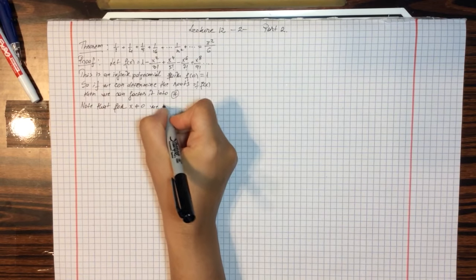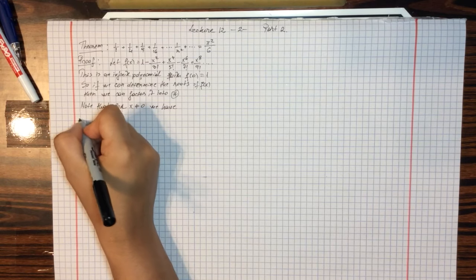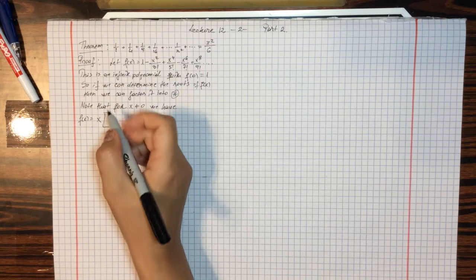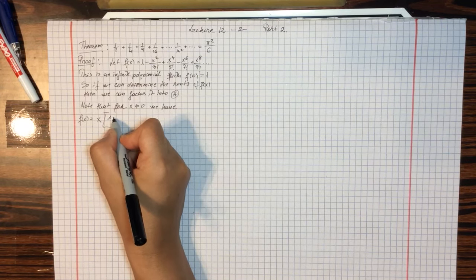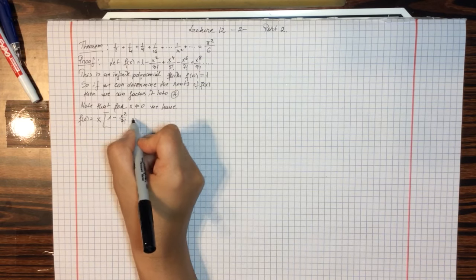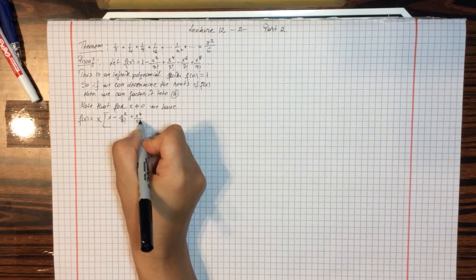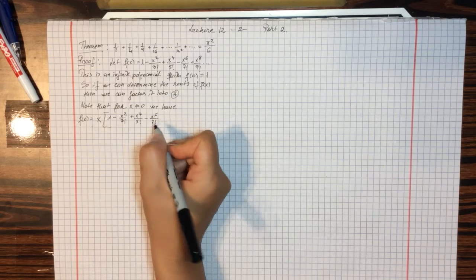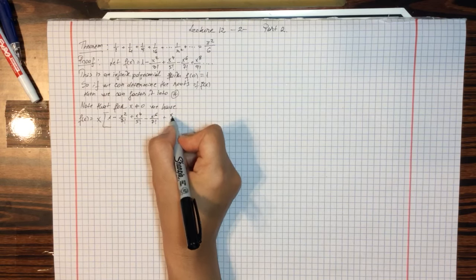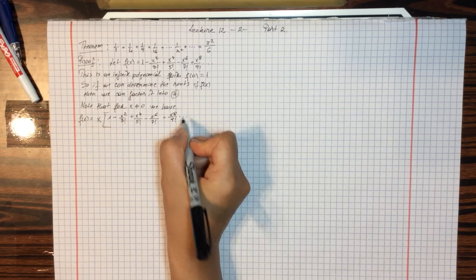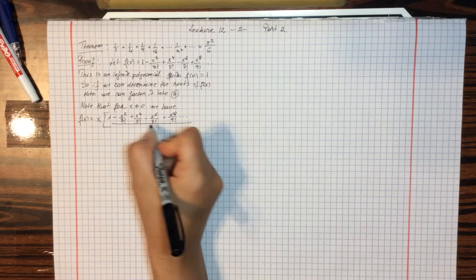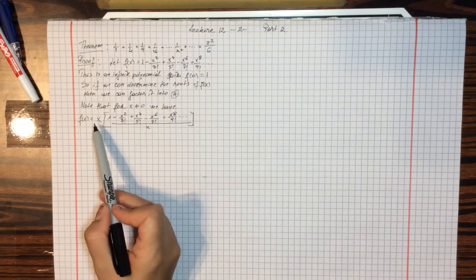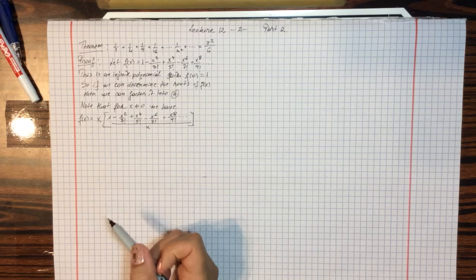We have f of x is equal to x times this entire thing, 1 minus x to the 2 over 3 factorial plus x to the 4 over 5 factorial minus x to the 6 over 7 factorial plus x to the 8 over 9 factorial, and so on, the whole thing over x. So I'm taking my original polynomial and I'm multiplying and dividing by x at the same time.